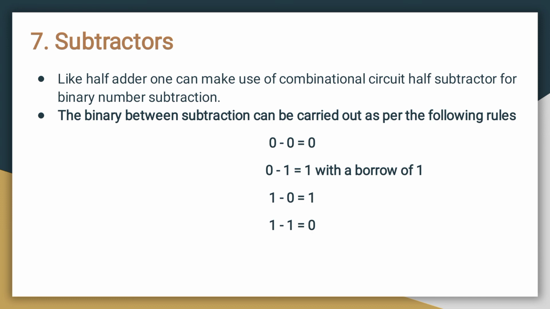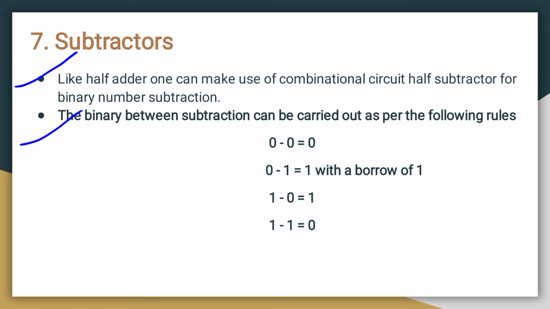So next one is the subtractor. Like the half adder, one can make use of a combinational circuit for a half subtractor for binary number subtraction. The half adder goes for the addition of two binary digits. Same here, the half subtractor subtracts the two digits.